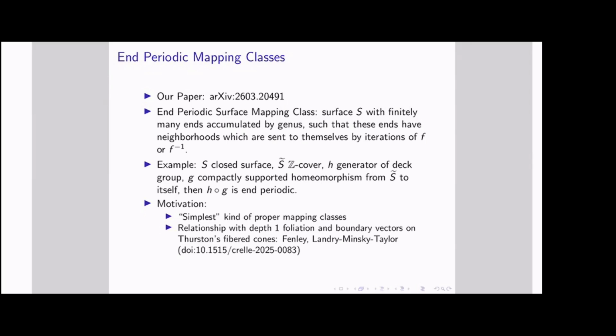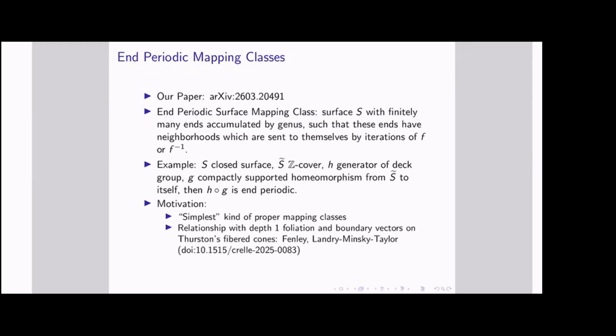Another more concrete way of thinking about this goes as follows. If we have an end-periodic surface map, for example, the one that is H composed with G in this example, we can consider the mapping class of this particular surface map from S tilde to S tilde.